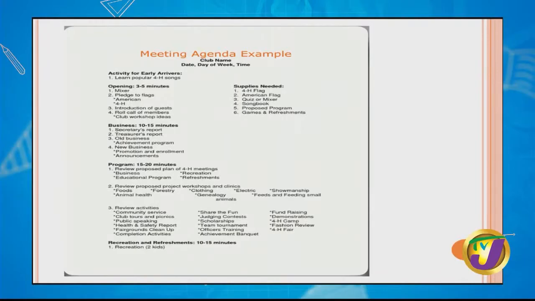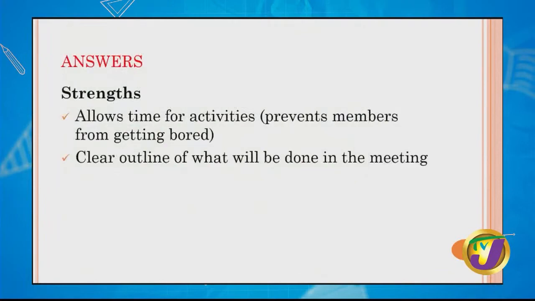You can also put down the answers in the comments if you're watching this via YouTube. All right? So I'm going to tell you the strengths and the weaknesses that I found in this meeting agenda. Strengths: it allows time for activities and prevents members from getting bored, because I see where they have different sessions for persons to play games and so on, to interact with the attendees, and that is very, very good.